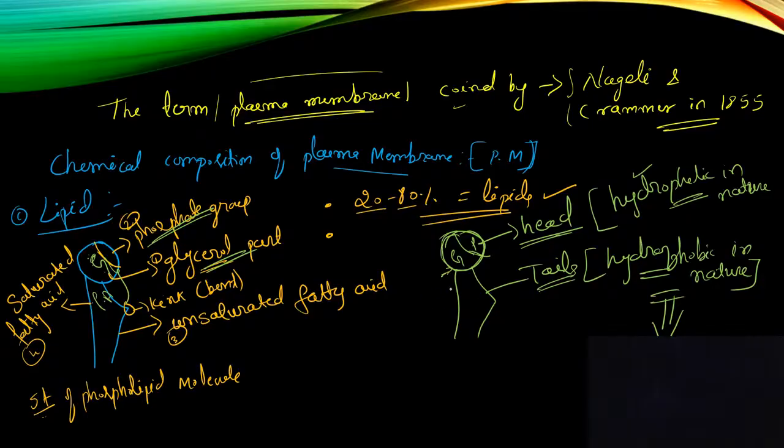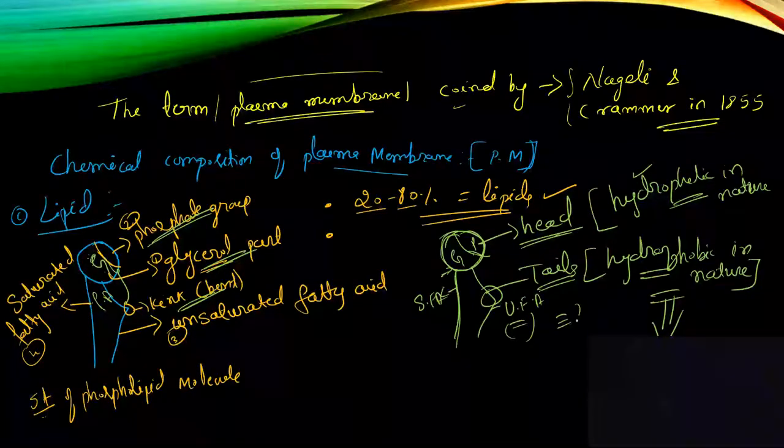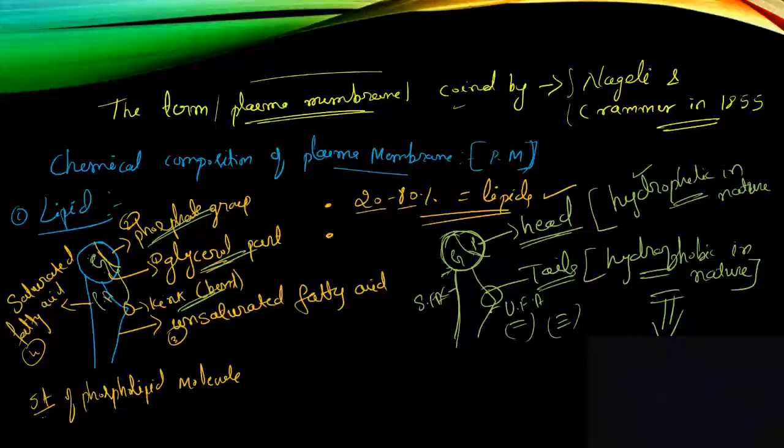The two tails are also different in nature: one is a saturated fatty acid, another one is an unsaturated fatty acid. In the unsaturated fatty acid, you can observe the kink, meaning a bend. Why is it bent? Where there are only single bonds, it appears to be a straight line, but here there may be a double bond or triple bond, so that's why we get a kink. Kink means the bend region.